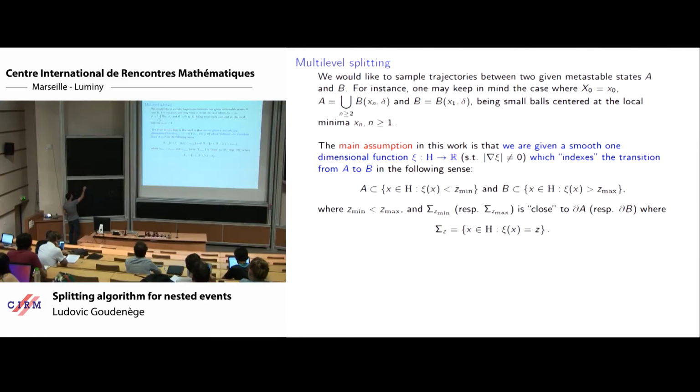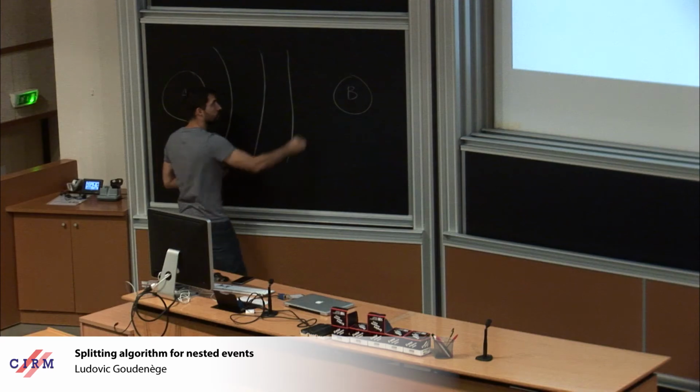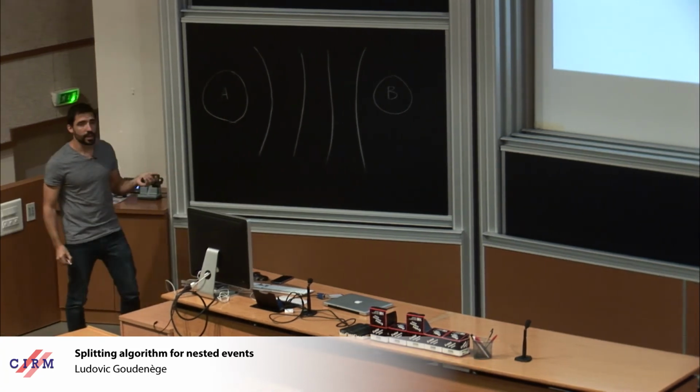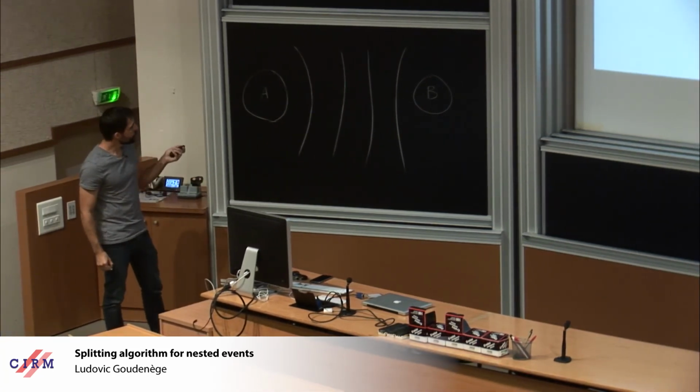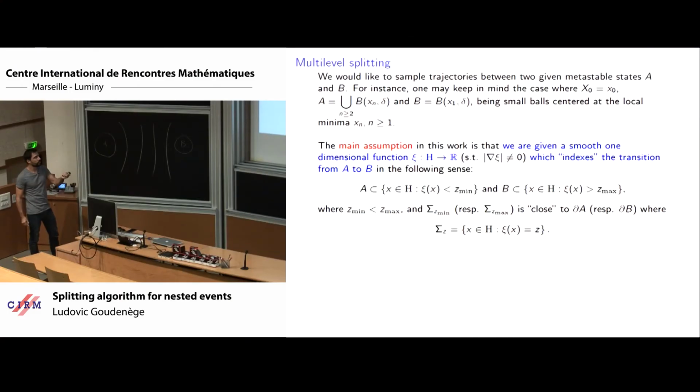You have some possibility to design, to draw some levels between A and B. You have the assumption that A is in this part where the reaction coordinate is very small, less than some given value, and B is in some other part of this reaction coordinate, the big part.